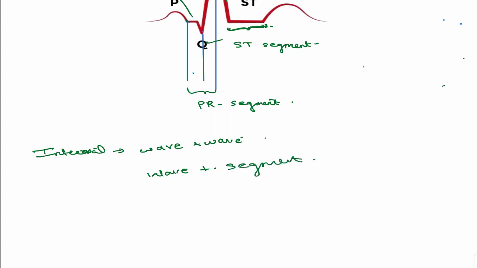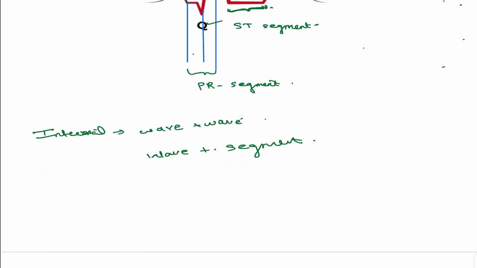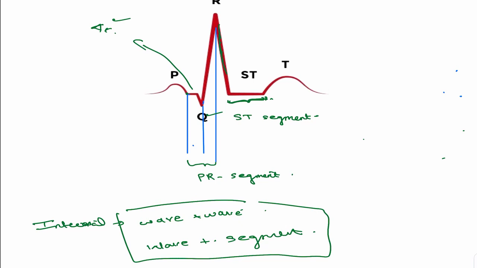We just discussed two segments, the PR segment and ST segment. There is also the QRS segment, which is the same as the QRS wave, and it signifies ventricular depolarization. So an interval is either a combination of two waves or a combination of a wave and a segment.